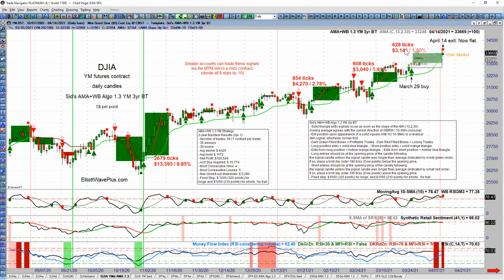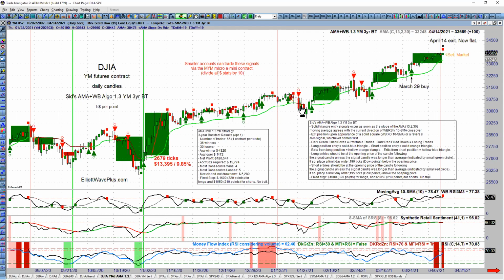The losers are shown in red and sometimes the losers happen fast enough you can't hardly see them much. But there was a loser right there, and there was a winner. There was a loser. There was a winner. There was a loser.